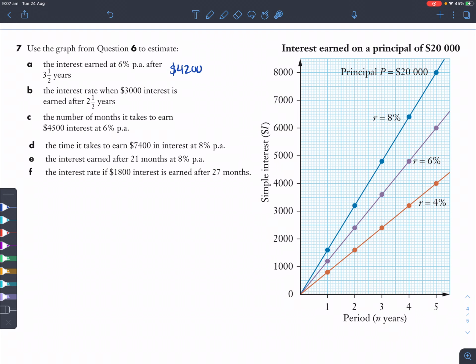Let's have a look at the next one. B, let's find the interest rate when $3,000 of interest is earned after 2.5 years. So we're looking at $3,000 interest, that's here, after 2.5 years, which is here. It's asking us to find the interest rate.